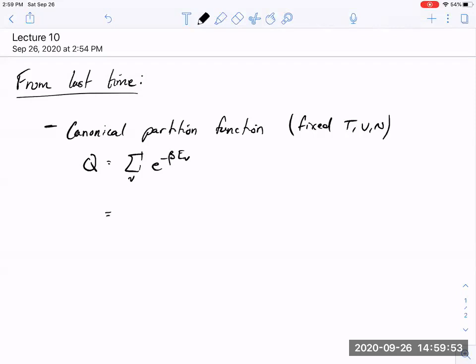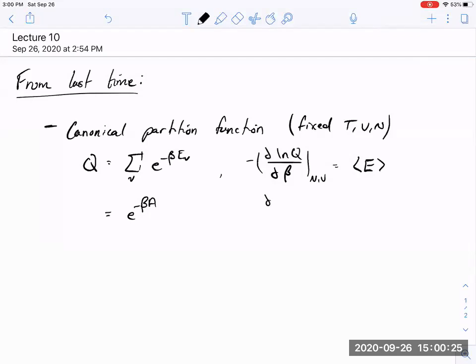And we know that, for example, if we were able to evaluate capital Q, that would tell us directly about the Helmholtz free energy of the system under those conditions. Similarly, if we could evaluate Q and know its functional dependence on beta, so be able to evaluate this derivative, we would know the average energy of the system.